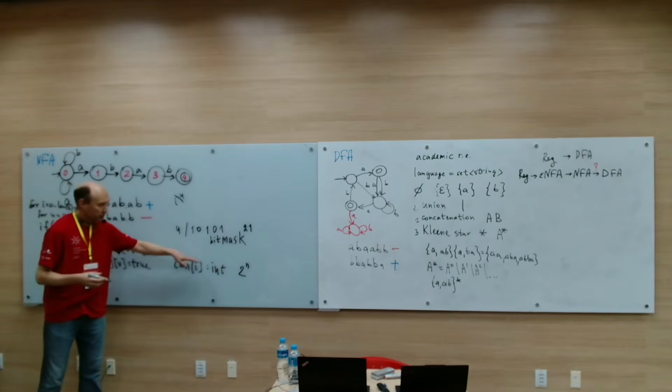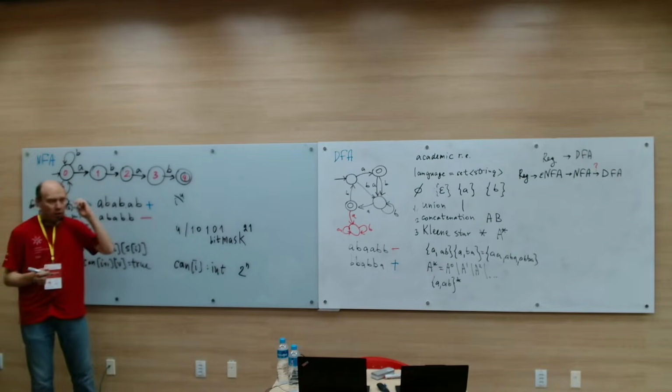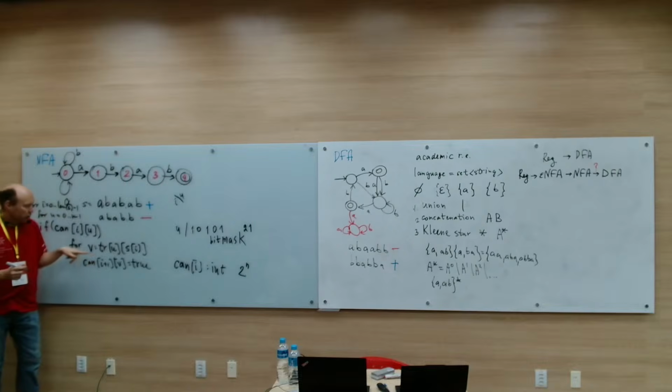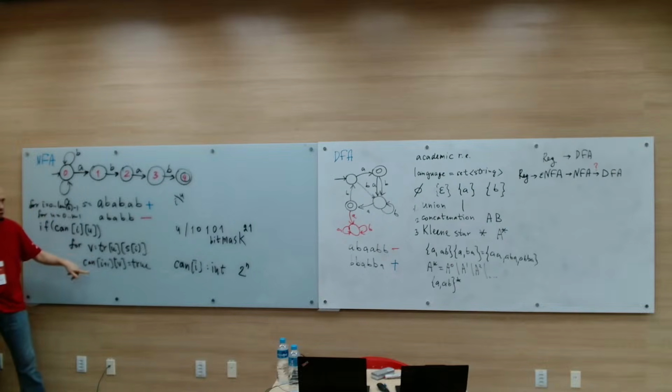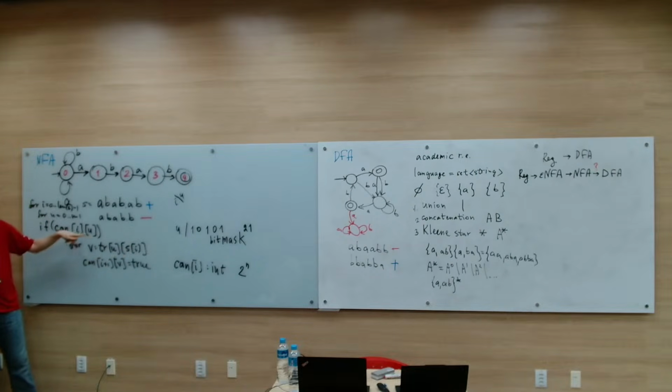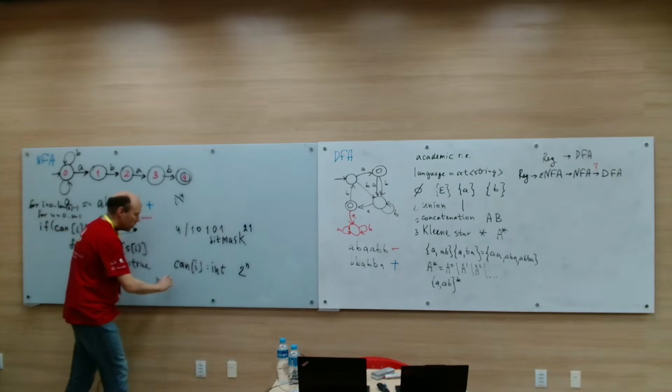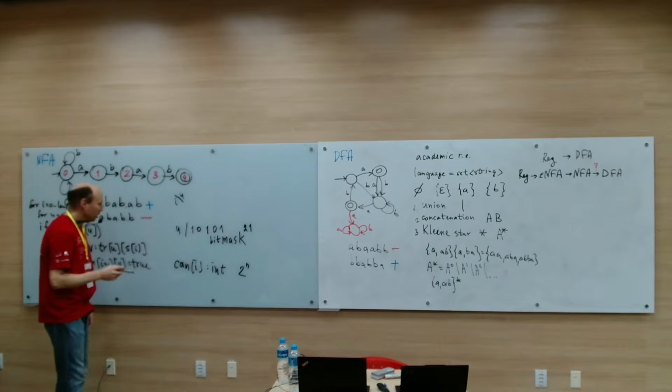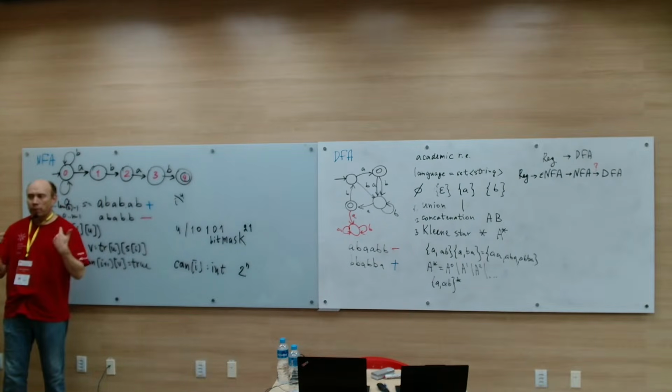So now, as we can see, this transition only depends on the character S[i], on the i-th position of the string S, and on the bit mask of can[i]. So actually we can create a precalculation.